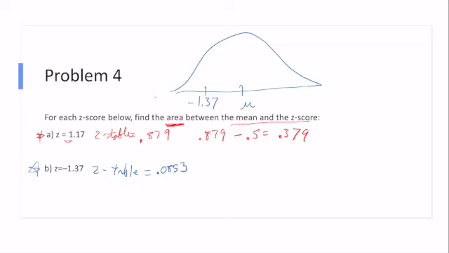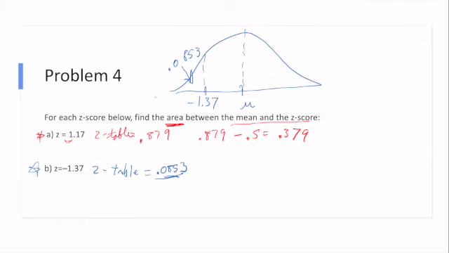And I'm trying to find the value between the mean and this z-score. By looking at the z-table value, I found the area of this little section right here. That's 0.0853.